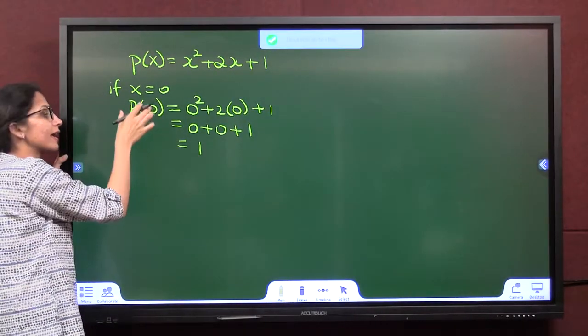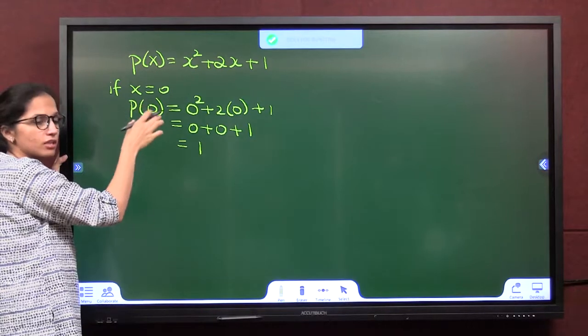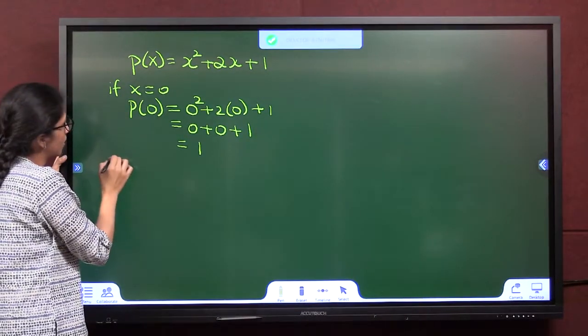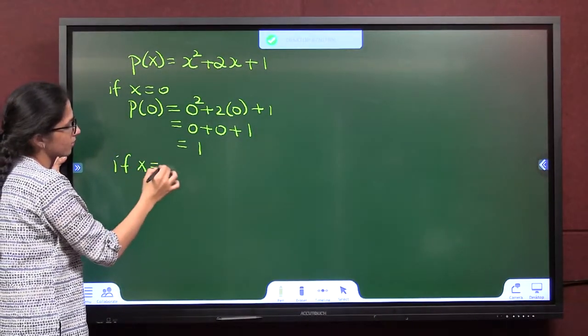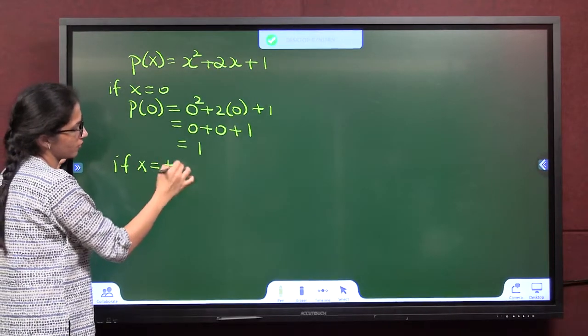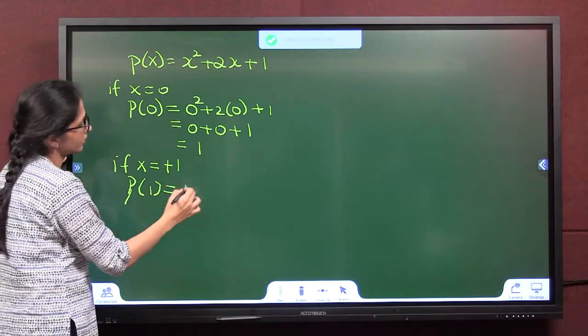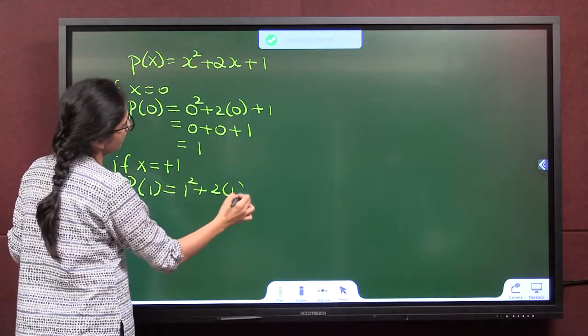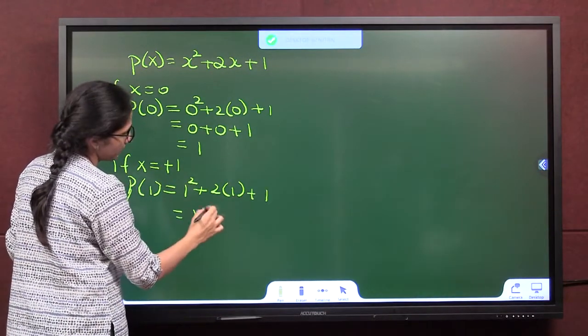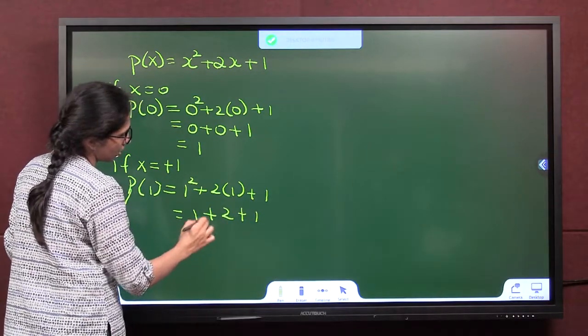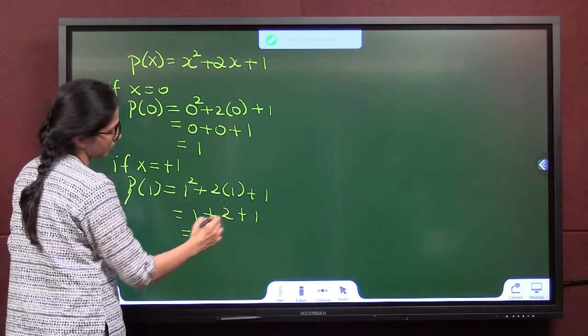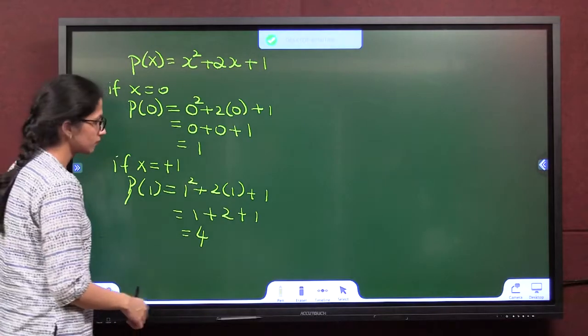That means in the polynomial, if you put x equals 0, you get 1. What if I put x equals 1? P of 1 is equal to 1 square plus 2 into 1 plus 1. 1 plus 2 plus 1. 1 plus 2, 3. 3 plus 1, 4.